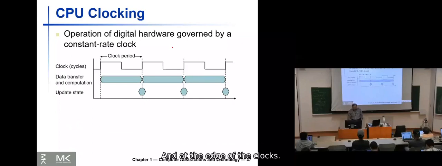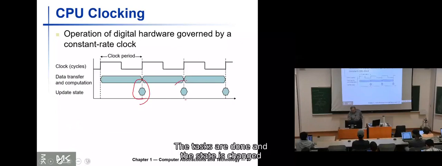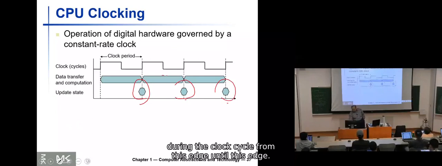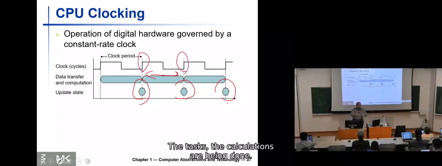At the edge of the clock, the tasks are done and the state is changed. So during the clock cycle, from this edge until this edge, the calculations are being done.